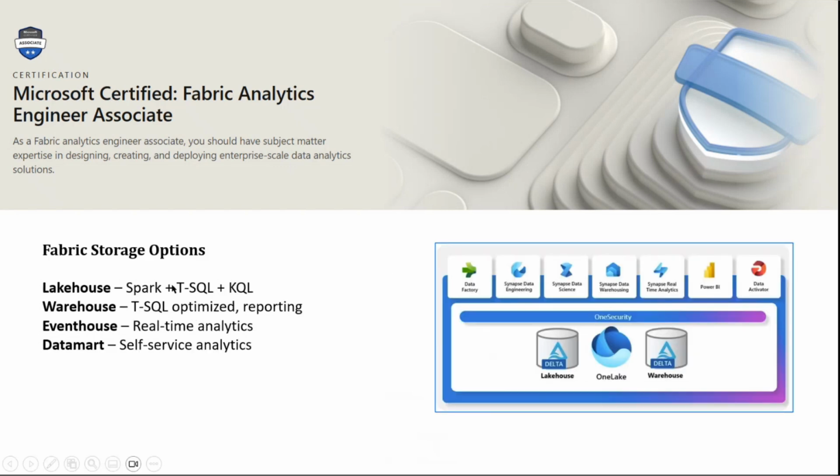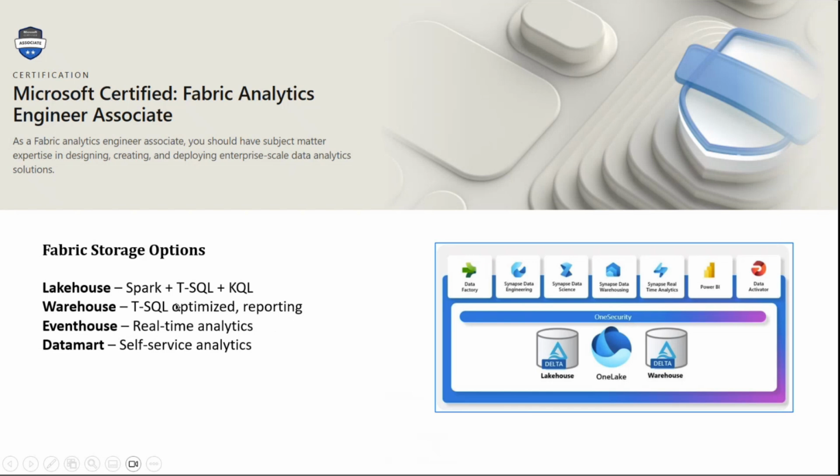When we talk about the storage options, in Fabric there are several options such as Lakehouse, Warehouse, Event House, and Data Marts. A Lakehouse is a data lake built on the OneLake capability of Fabric, where we store tables in the Delta Parquet format, and we can store structured and unstructured data there.